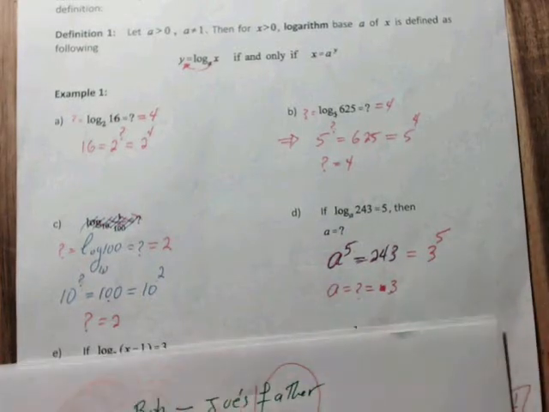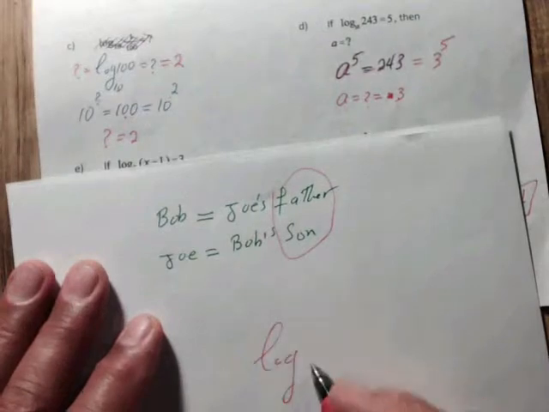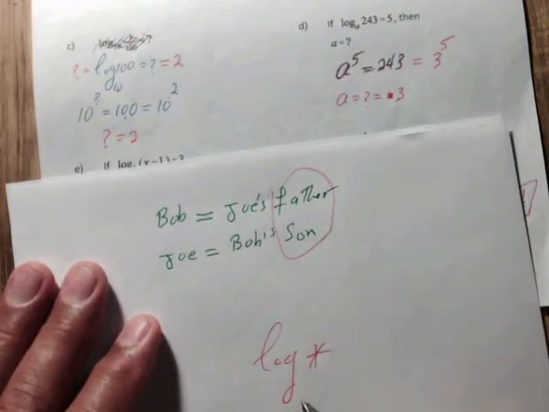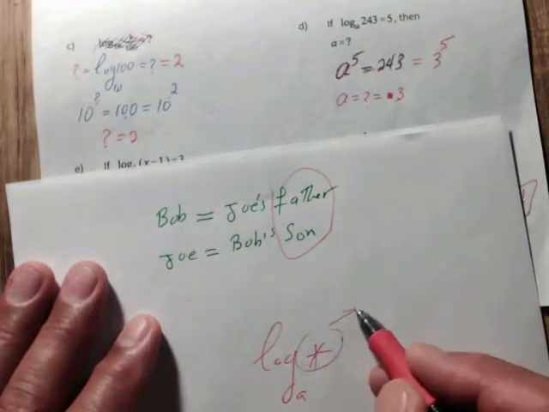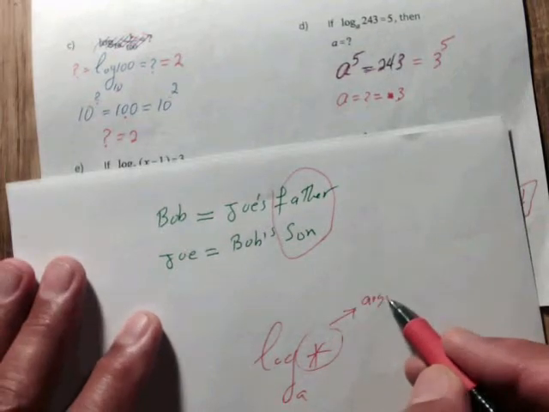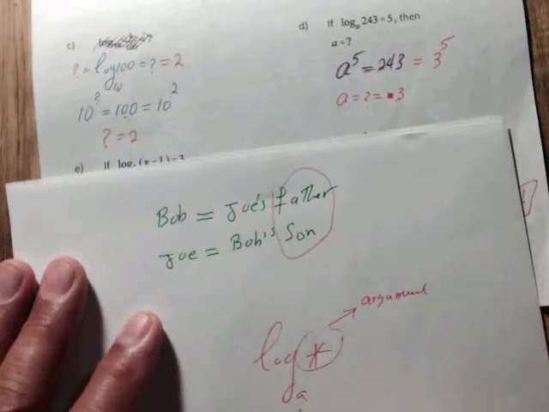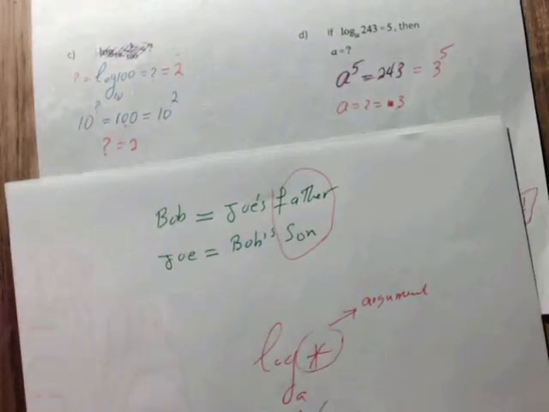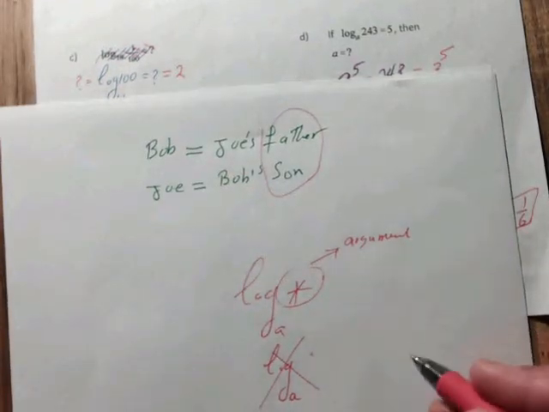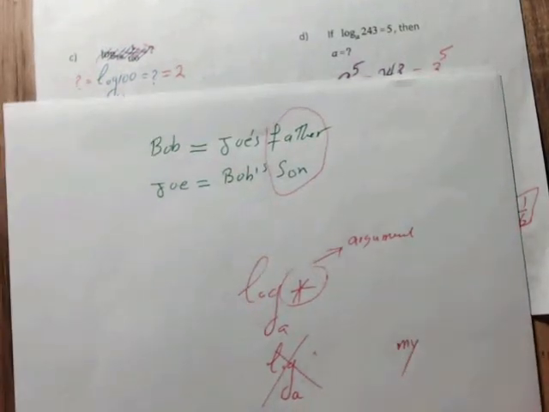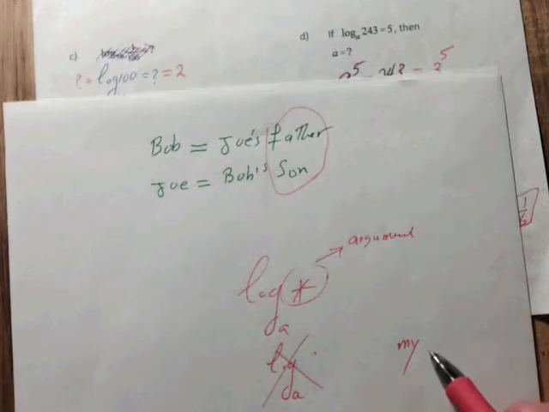By the way, when I write log of something like that, this something here is called the argument. A logarithm without an argument doesn't make sense. If I say log of a, then it doesn't really make sense. Just like when you say my, you're always waiting for something to follow.